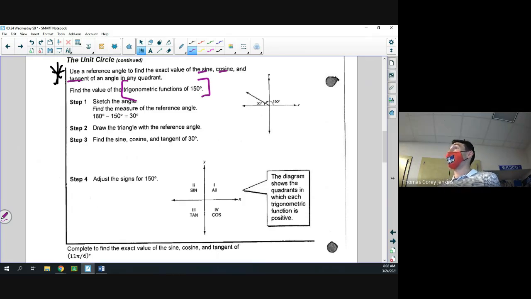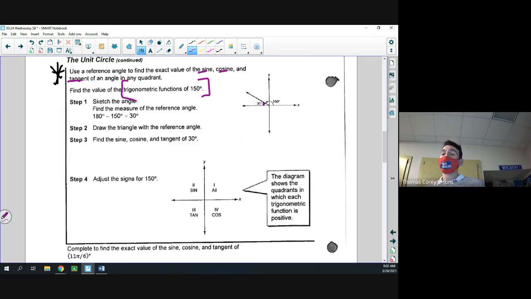Because 30-60-90 and 45-45-90 are special right triangles. So anyways, if we have a 150-degree angle, we talked about this yesterday, our reference angle would be 30 degrees. They diagram that for us.